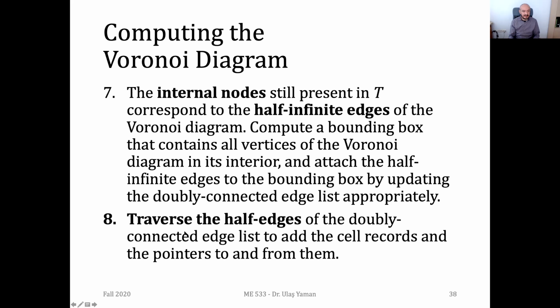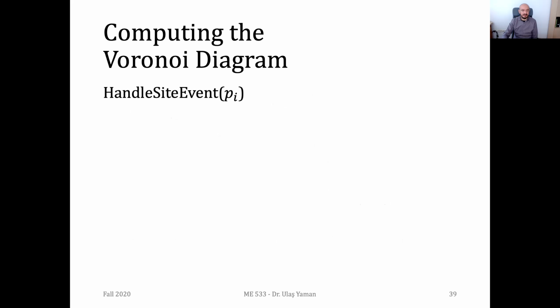The last operation is for the doubly connected edge list. This is not as important. You need to traverse the edges so that your doubly connected edge list data structure will be finalized, and you will simply output this Voronoi diagram.